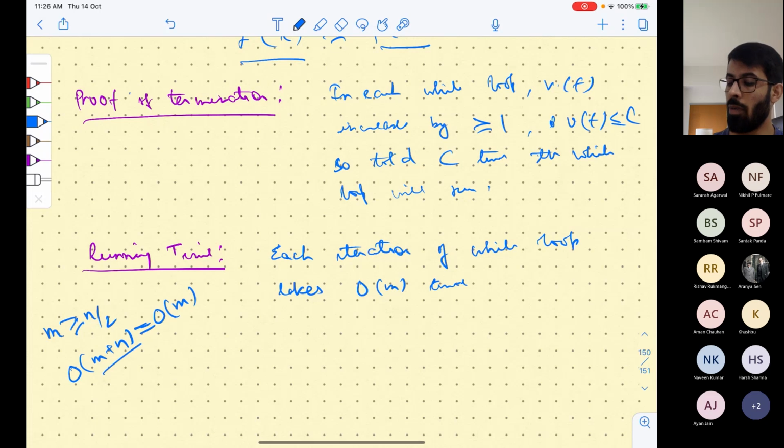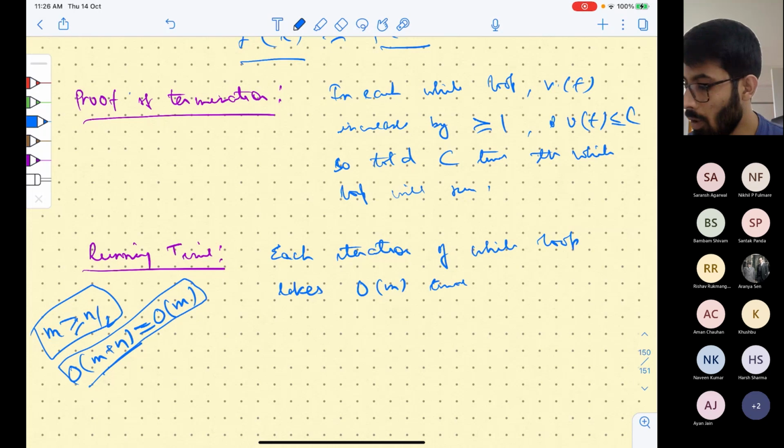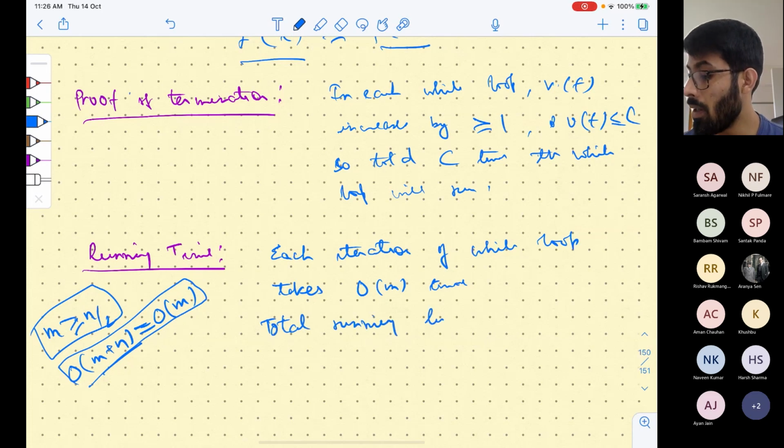Just so that we don't have to keep writing m plus n, we'll write order m plus n as order m. So we want to say that each iteration of the while loop takes order m time. So the total running time will be, what will be the total running time?